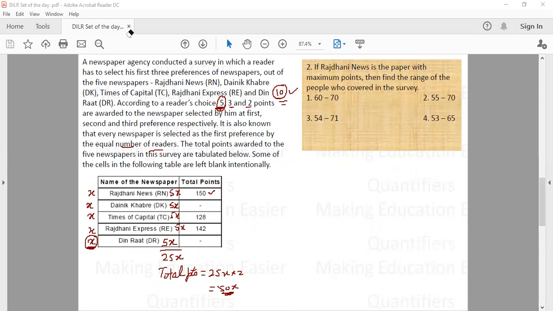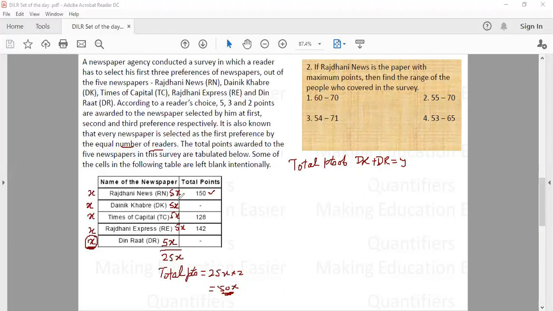Again, I do not know the points of Dainik Khabre and Dinrat. So let us assume that the total points of Dainik Khabre and Dinrat is, let's say, Y. These two papers are getting a total of Y points.